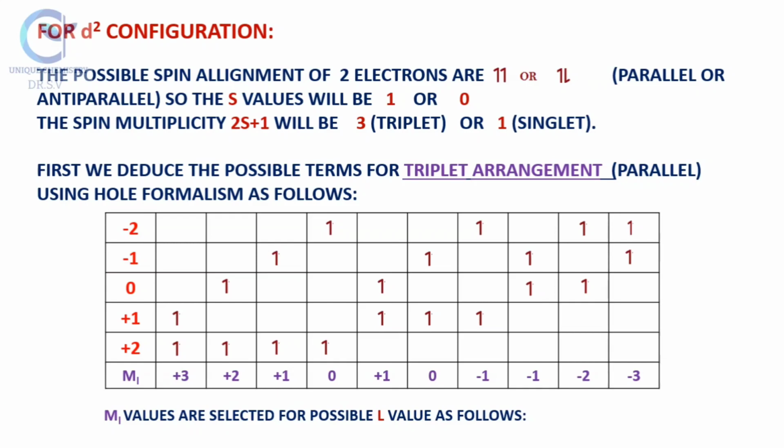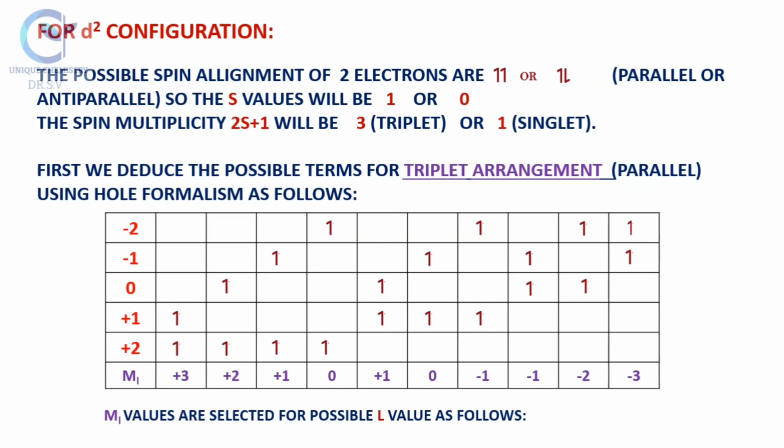Now you see here, the box diagram is shown. The first left hand column shows the ML values of the d orbitals. There are 5 d orbitals: dxy, dyz, dxz, dx squared minus y squared, and dz squared. The ML values are given on the left hand side as plus 2, plus 1, 0, minus 1, minus 2.